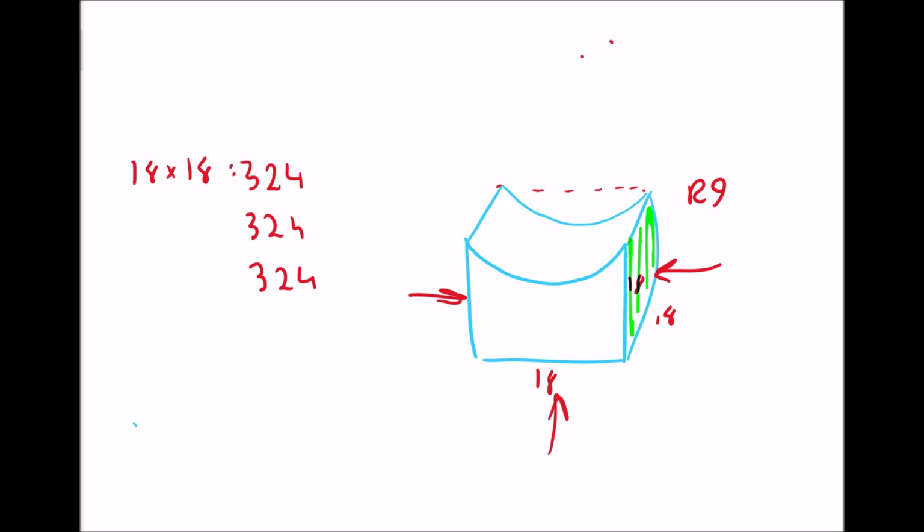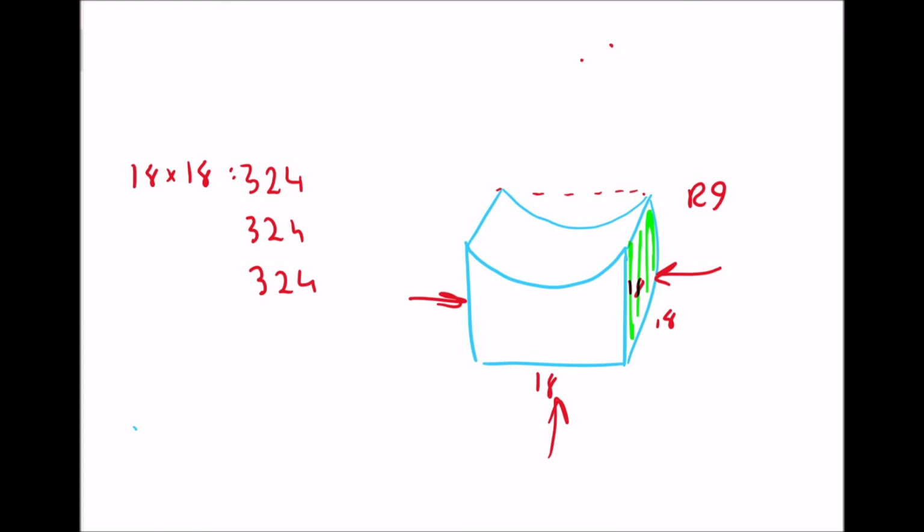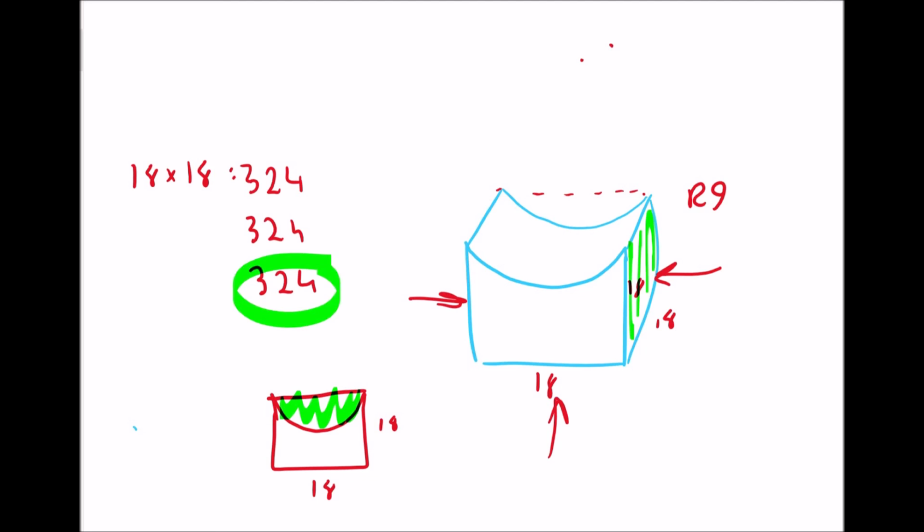So now all we're missing is the back and the front. So if we look at the front, it's basically 18 and then 18 high, except this semicircle is cut out. So all we have to do is get the area of this semicircle and take it away from the 324.